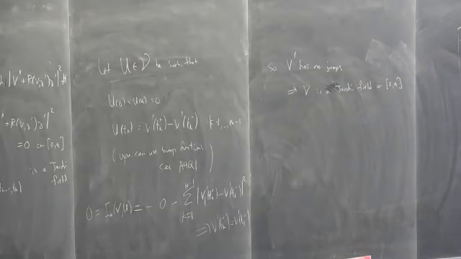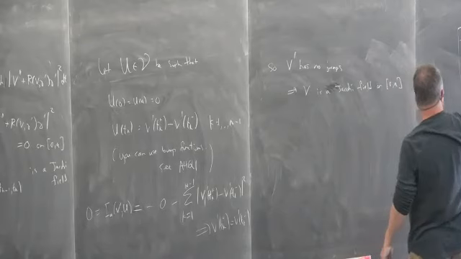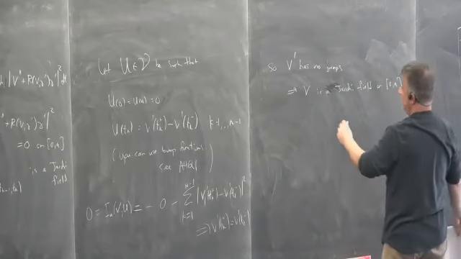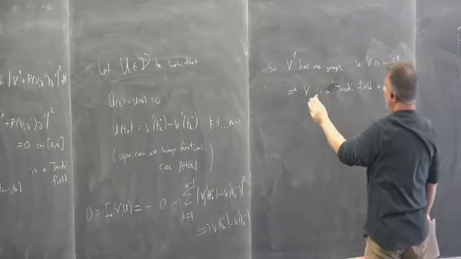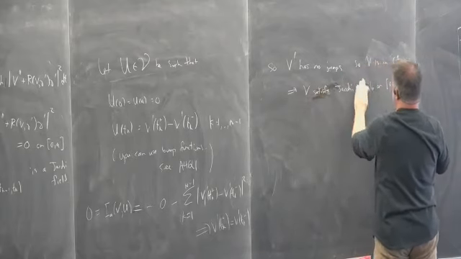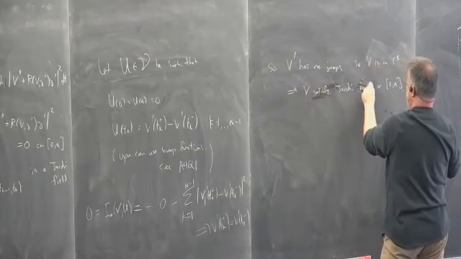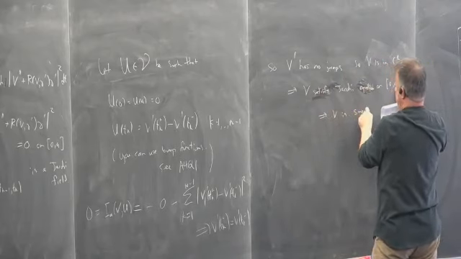Let me see, is that right? I guess I still have to, all I know is that it's C1. I don't know that it's in C2. So V is in C1, but V satisfies the Jacobi equation on this, and that implies V is smooth, right?